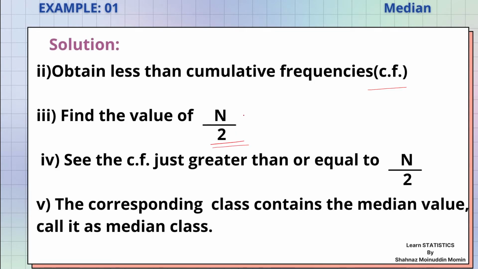N is number of frequencies, sum of frequencies. Here n is sum of frequency. Next, fourth step is see the cumulative frequency just greater than or equal to n upon 2 and read the corresponding class, which contains the median value. Call it as median class.